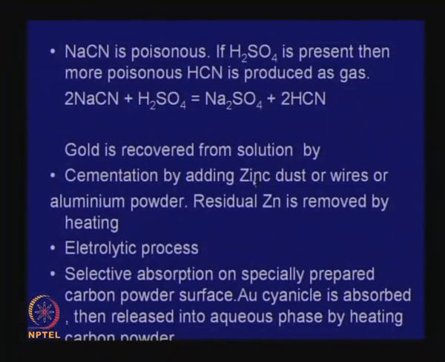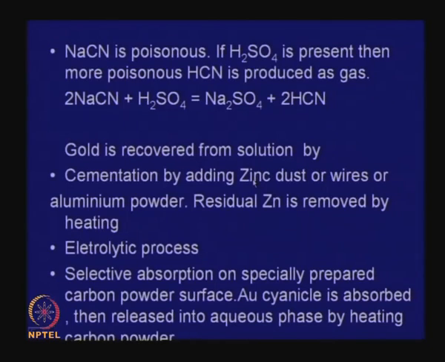Generally, we would like to use something which will not be expensive, which will go into solution, and which we should find easy to take out of the solution and recover again. That metal very often is zinc dust. Why dust?